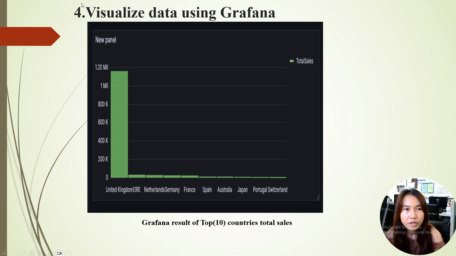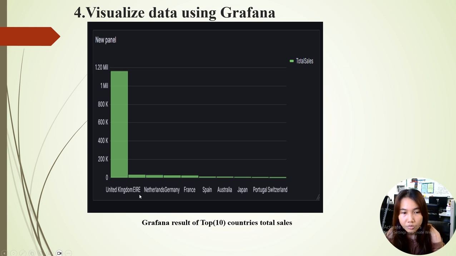The fourth section is visualizing data using the graph. To further enhance data understanding, I also use the graph because it allows us to create a real-time dashboard. Here, in total sales per country, the results show the United Kingdom is the highest, at almost 1.2 million.